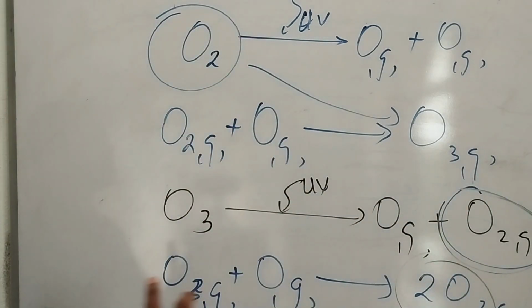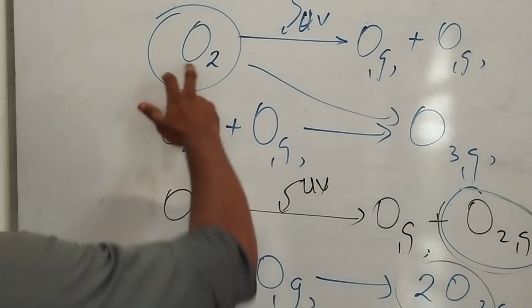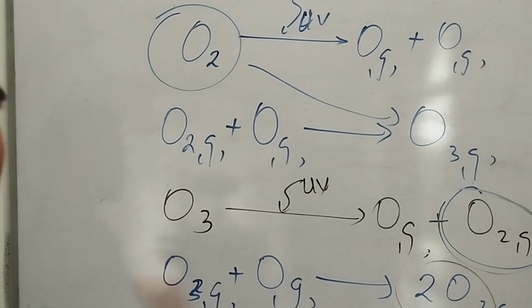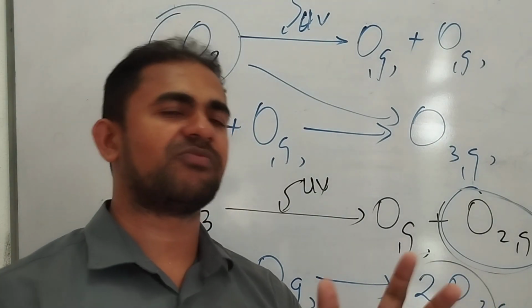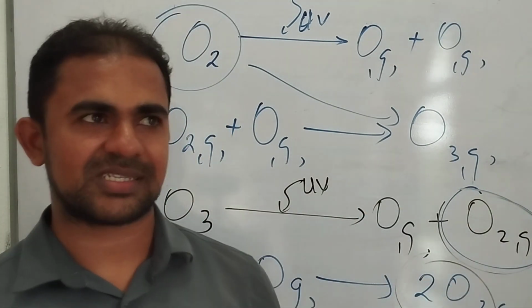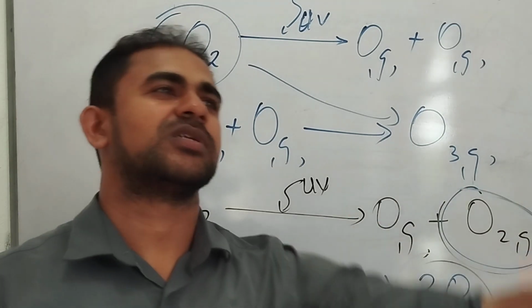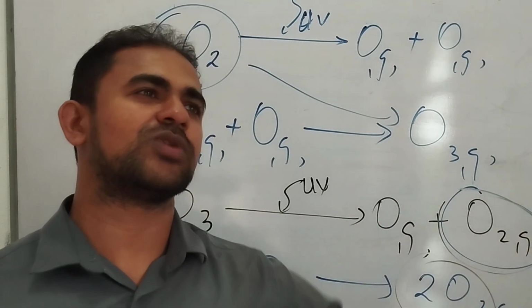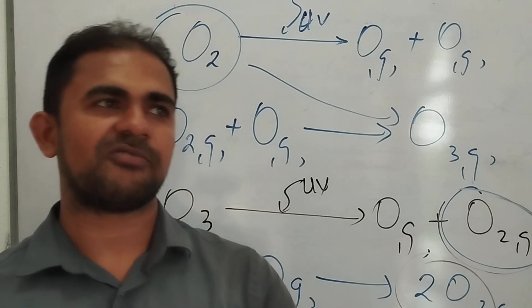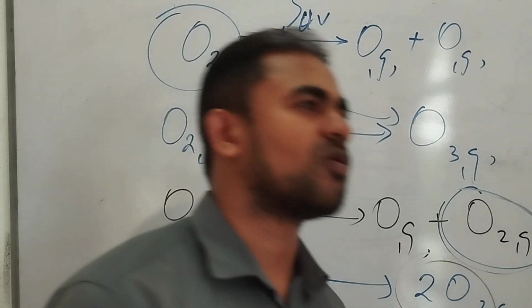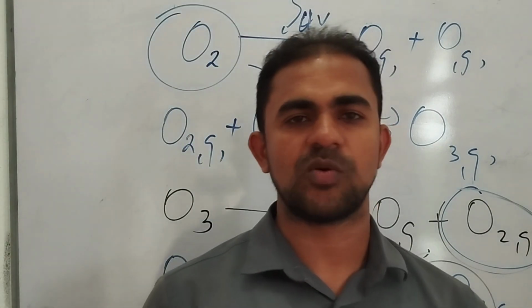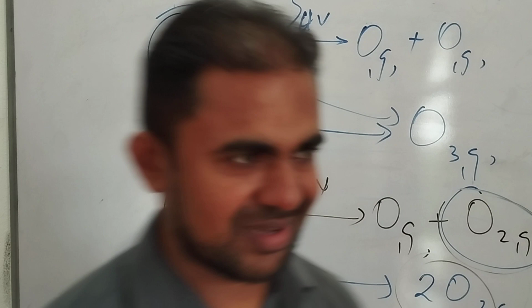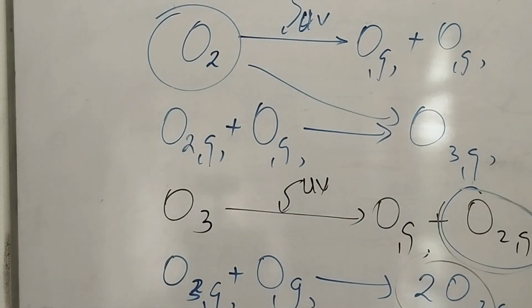This is the natural destruction of O2 and the natural destruction of O3, which means in the stratosphere there is an equilibrium between O3 and O2 gas. From O2, O3 is produced. So there is an equilibrium state between O2 and O3 gas in the stratosphere, the ozone layer.